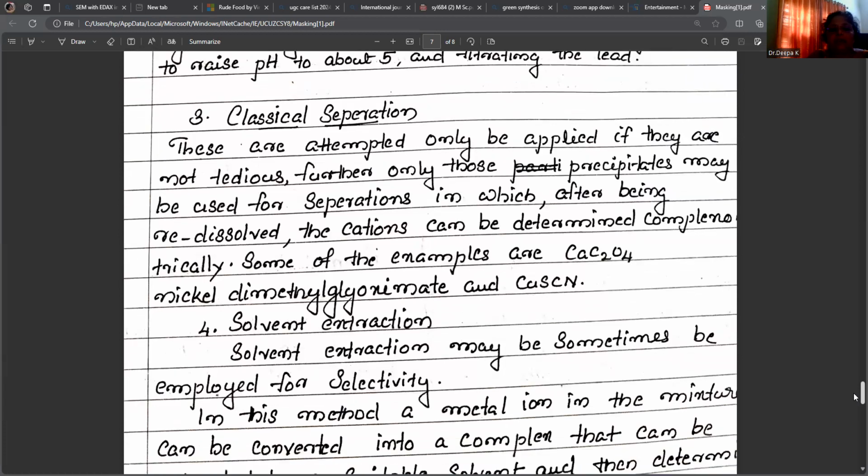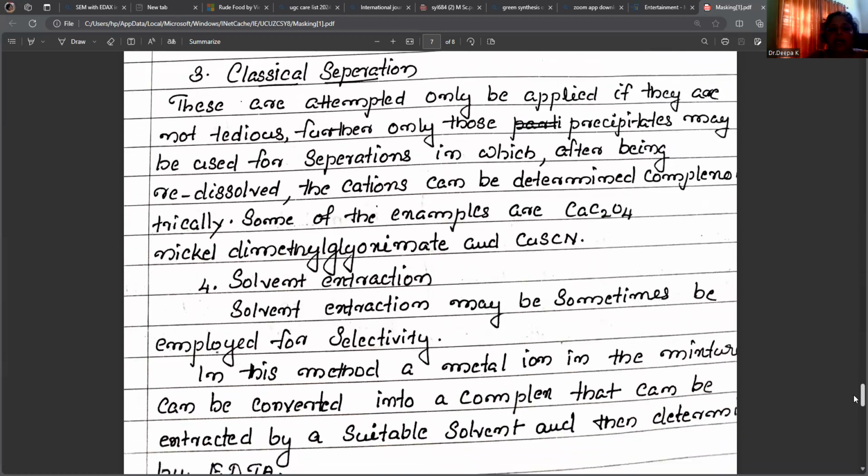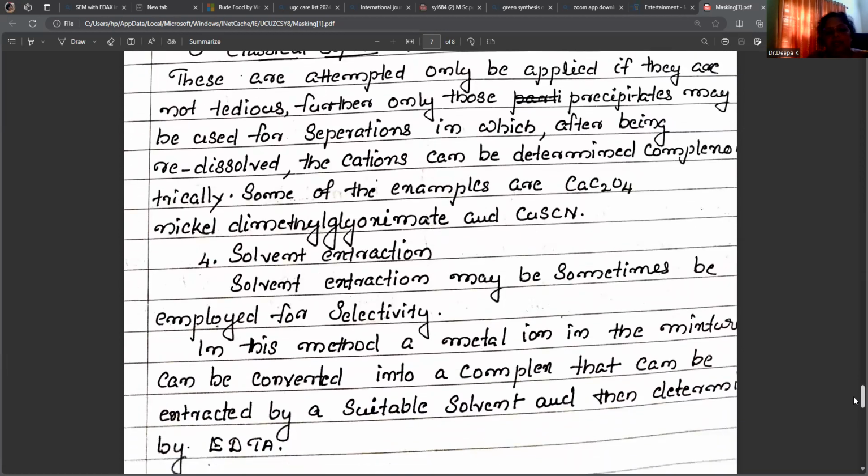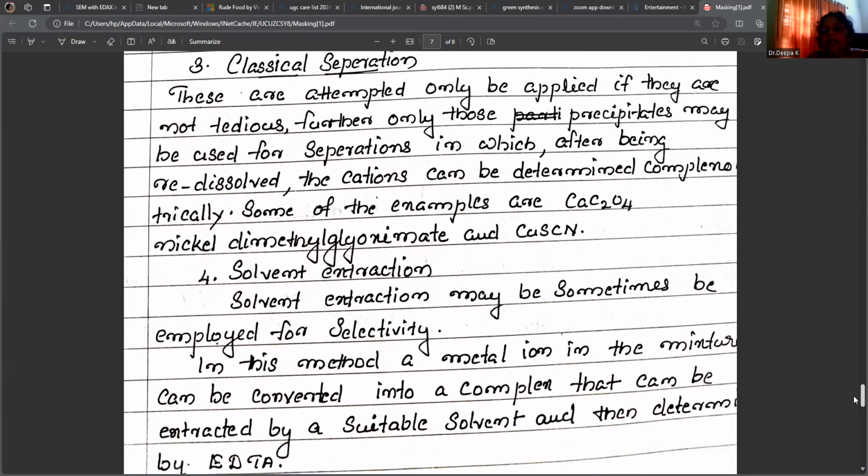The next method is solvent extraction. In this method, a metal ion in the mixture can be converted into a complex that can be extracted by a suitable solvent, and the other metal ion determined by EDTA.